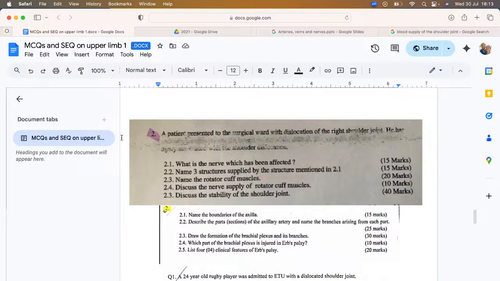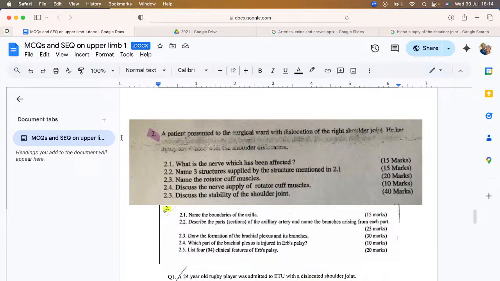Can anyone recall what these two structures could be? It's usually two muscles. Those are the deltoid muscle and the teres minor muscle.